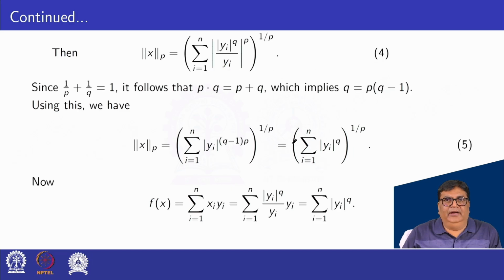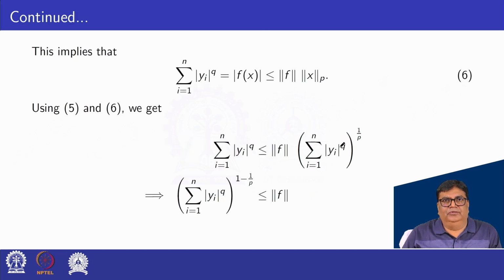Okay, and the value of norm x is summation i equals 1 to n, mod yi power q, whole power 1 by p. Clear? So we can put the value of norm x here. So we get summation i equals 1 to n mod yi power q less or equal to norm f, and summation i equals 1 to n mod yi power q whole power 1 by p.